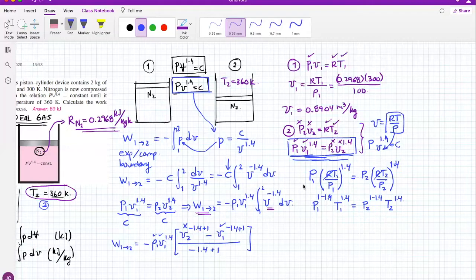So now let's just see what we have. Instead of looking at here, because I don't have these two guys, but I have one of these guys, which is the temperature. So I'm putting this expression of PV to the 1.4, instead of that, I will put it in terms of temperature.